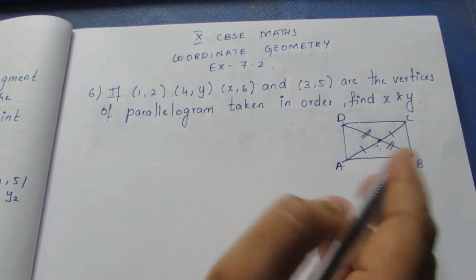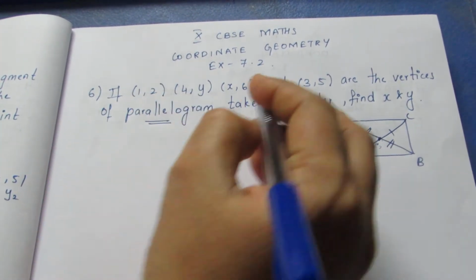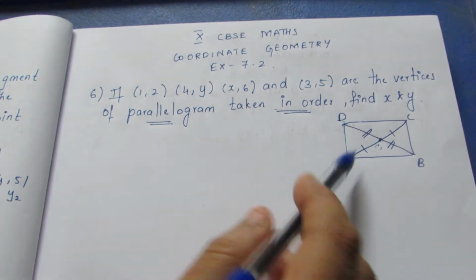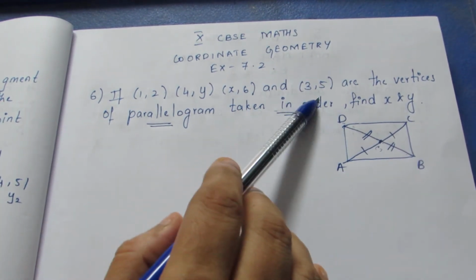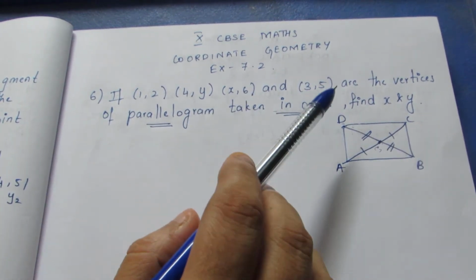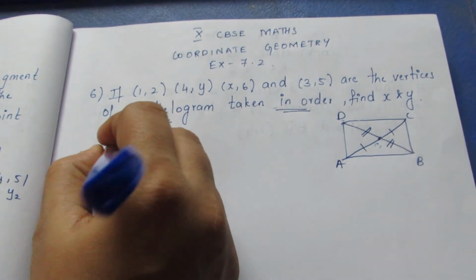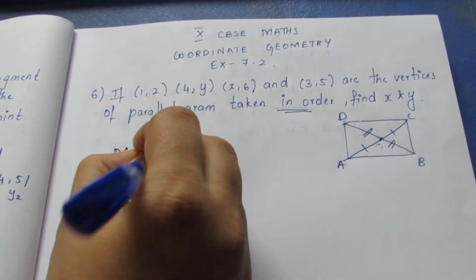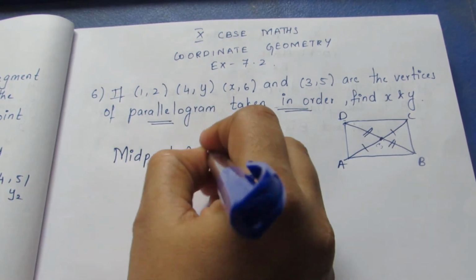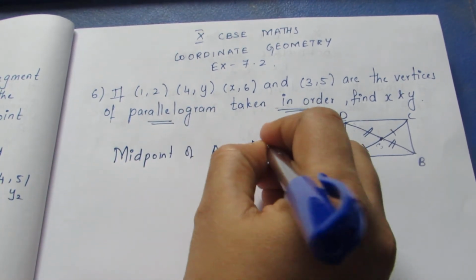So for a parallelogram taken in order, if any variable or any coordinate is missing, we can directly take the midpoint of AC equal to the midpoint of BD.